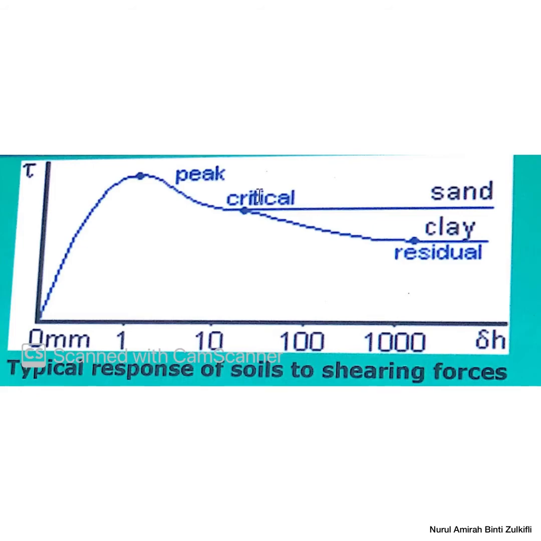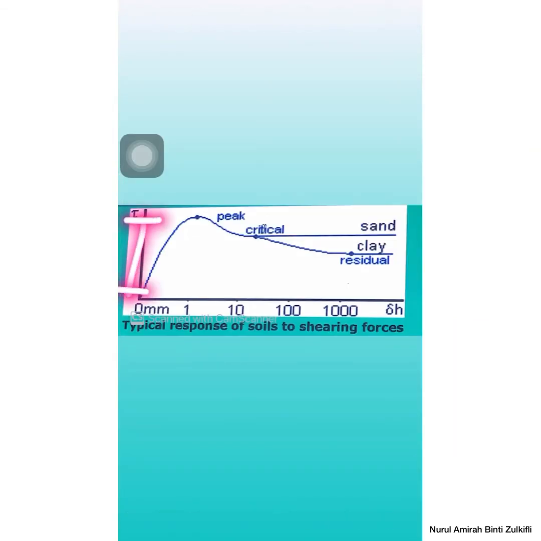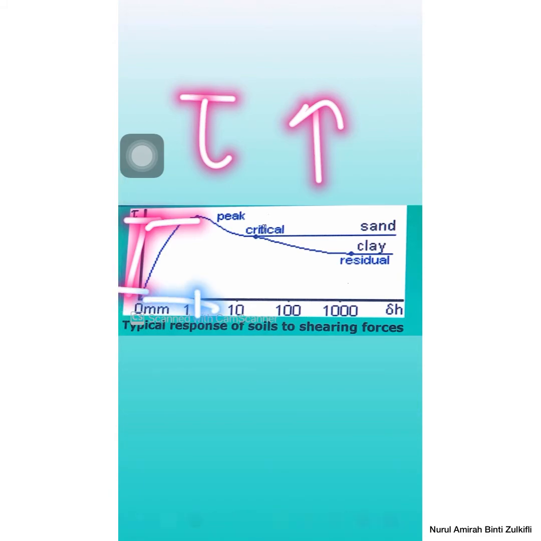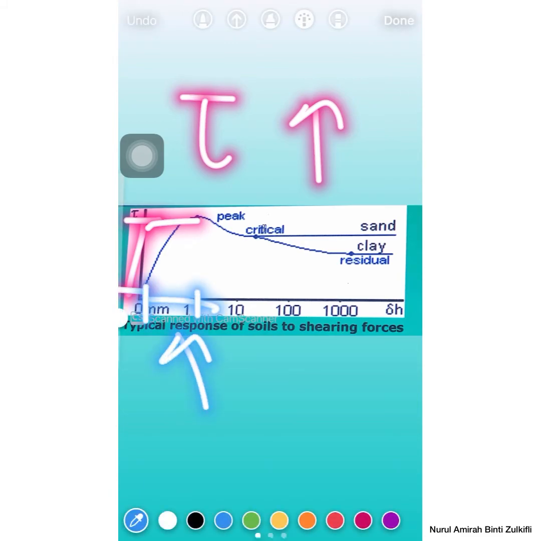The shear stress at first increases quickly while the strain increases slowly. As we can see from 0 to the peak, the shear stress increases, while the strain is increasing very slowly.